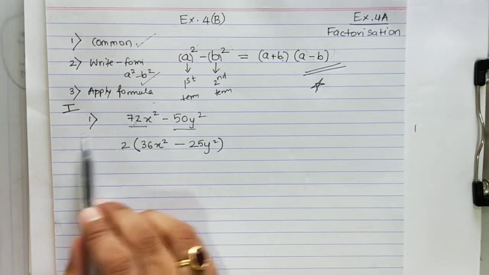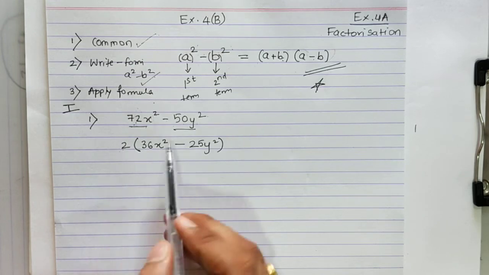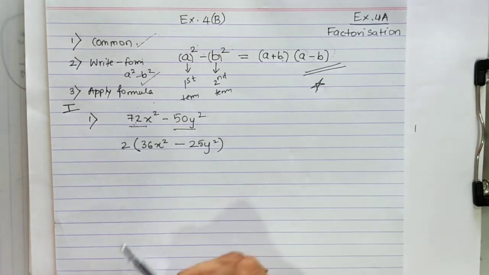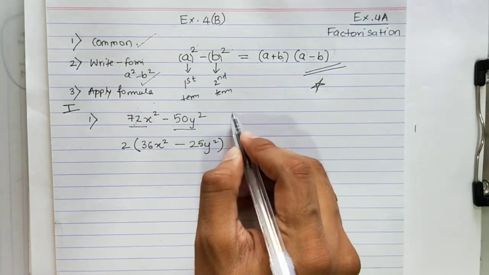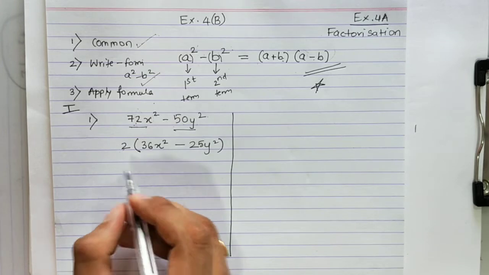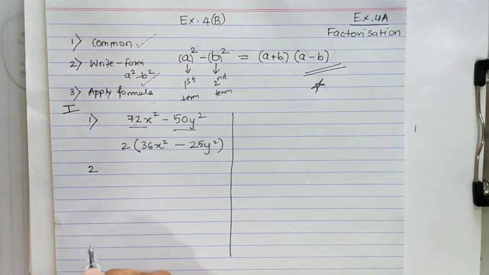I have taken 2 common. If I open it again, it becomes 2 into 36, 72, 2 into 25, 50. So I have taken that common, and keep that 2 like this.